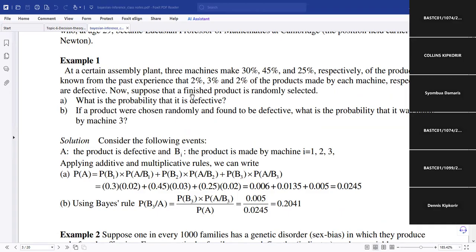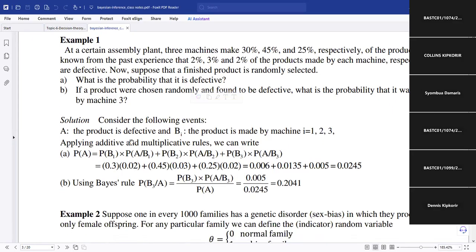Now, suppose that a finished product is randomly selected. What is the probability that this particular product is defective? If a product was chosen randomly and found to be defective, what is the probability that it was made by machine 3?